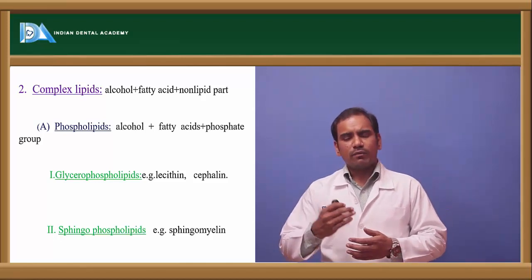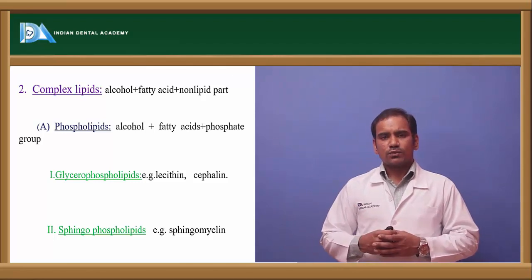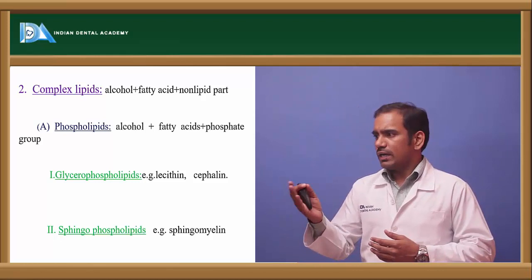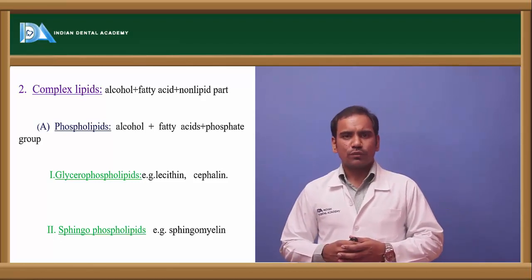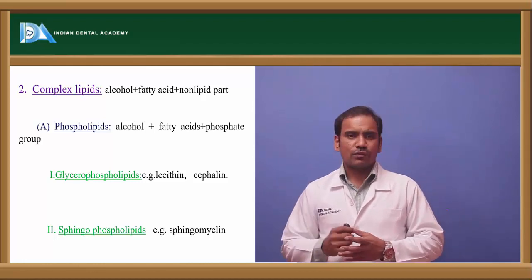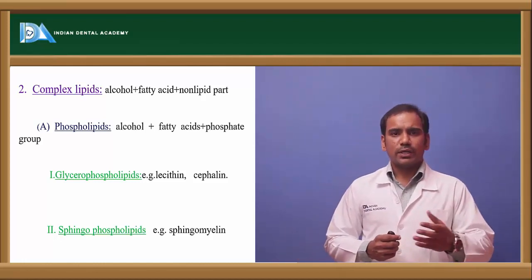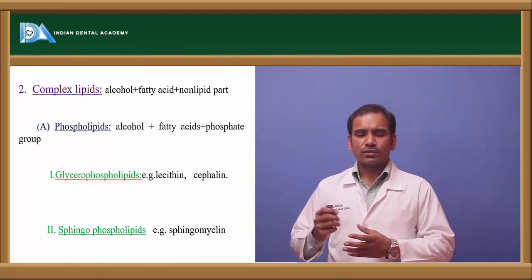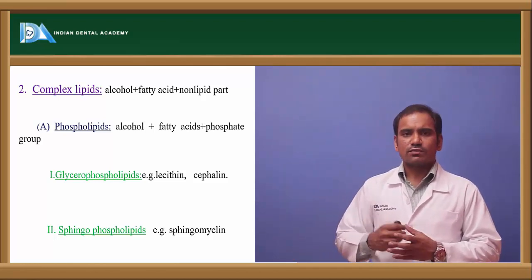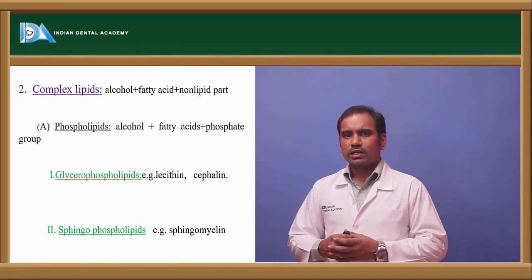And based on the type of alcohol present in the phospholipids, we have subclassified phospholipids into two types, and those are glycerophospholipids and sphingophospholipids. If the alcohol is glycerol, we call it glycerophospholipid, and if the alcohol is sphingosine, we call such type of phospholipids sphingophospholipids. So that is the subclassification of phospholipids based on their composition.